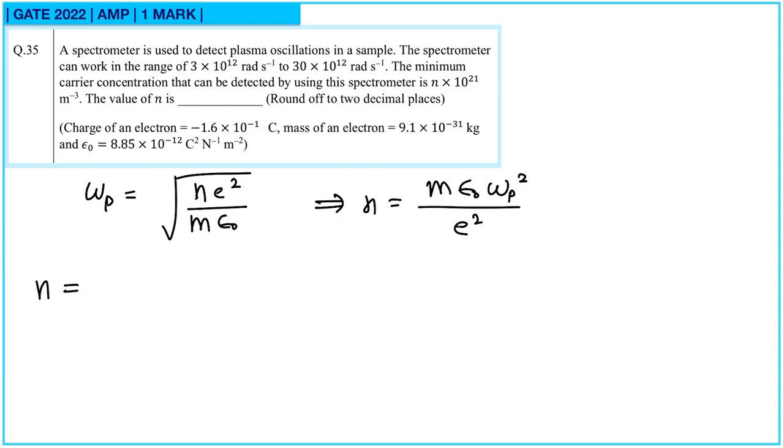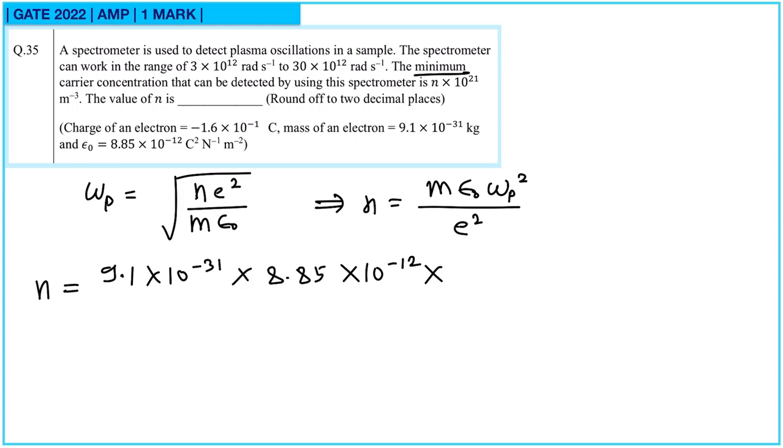So n is equal to m, the mass of the electron, 9.1 × 10^-31, into ε₀, which is 8.85 × 10^-12, into ω, which is here 3 × 10^12.